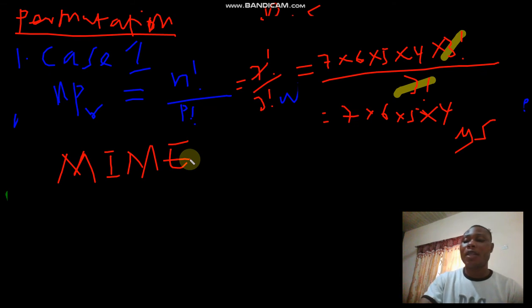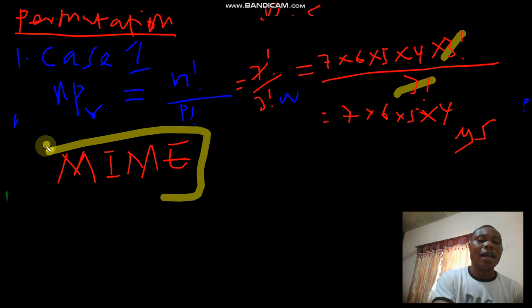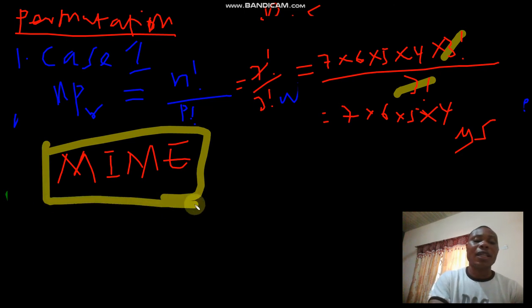So M, I, M, E. In how many ways can the letters of the word M, I, M, E be arranged?